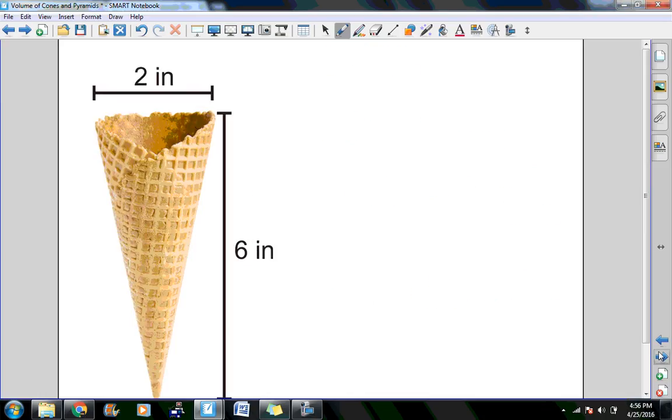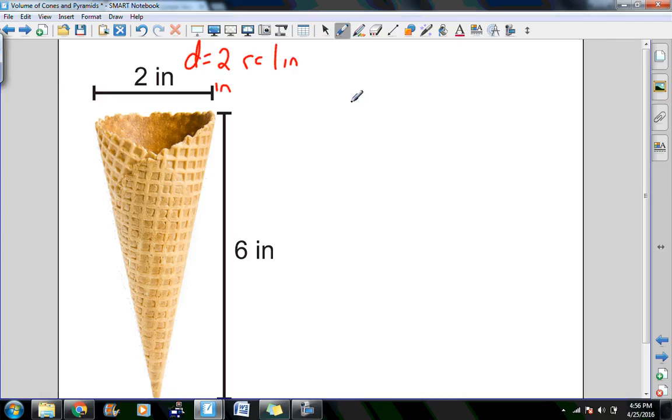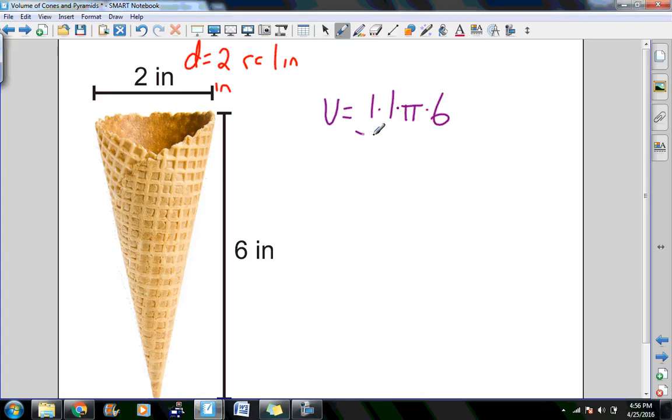For a cone, the process is very similar. The only difference is we have to find the area of the bottom circle. In this case, our diameter is equal to 2, so that means our radius is equal to 1 inch. And these are both in inches. Therefore, for this shape, the volume is equal to 1 times 1 times pi, and that's equal to the area of that circle. We take that times the height of 6. And then we take all of this and we divide by 3.